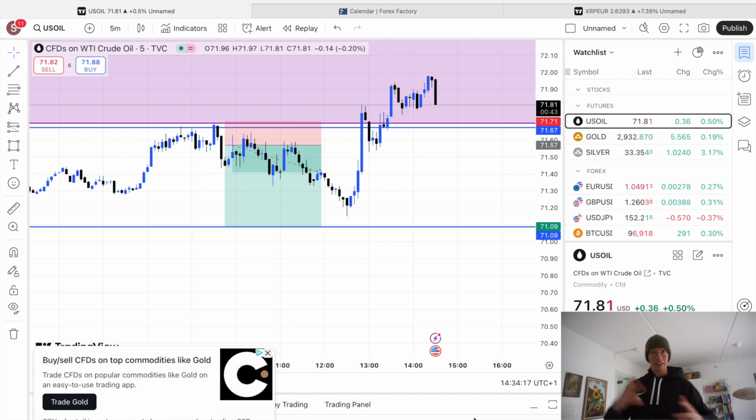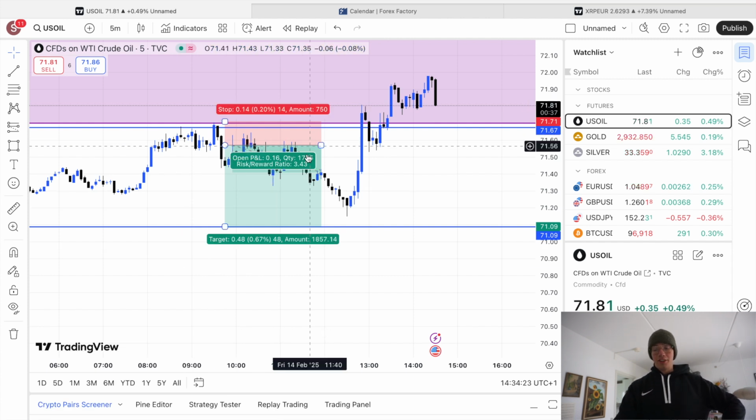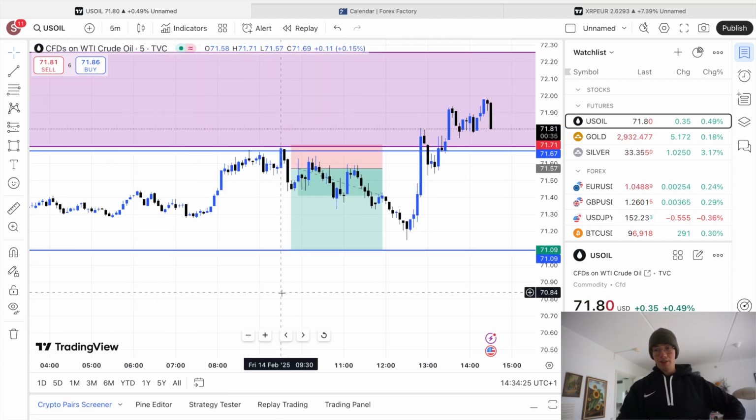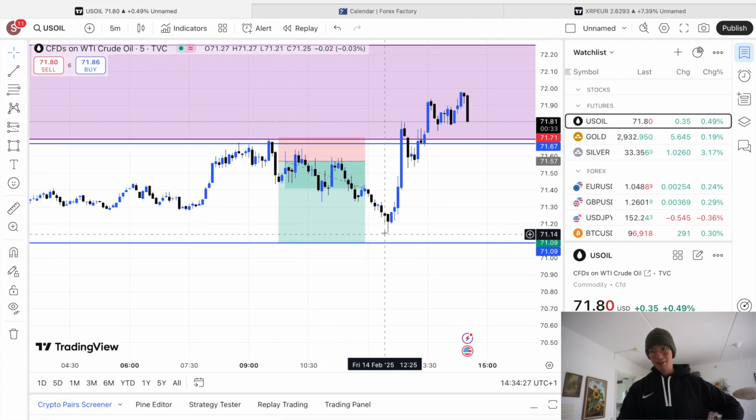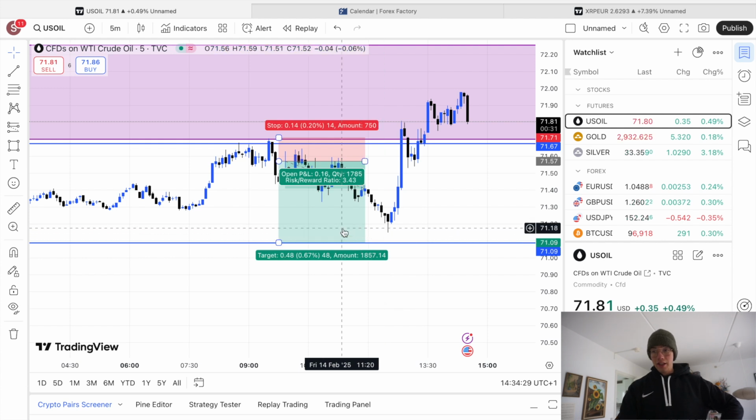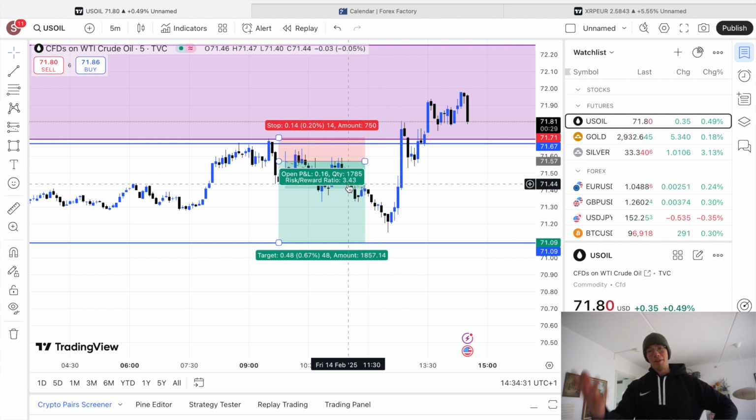Okay, I just came home from working out and running errands, and as you can see, we almost hit take profit right here, and it was almost 3.5 basically. That is a damn good risk reward.